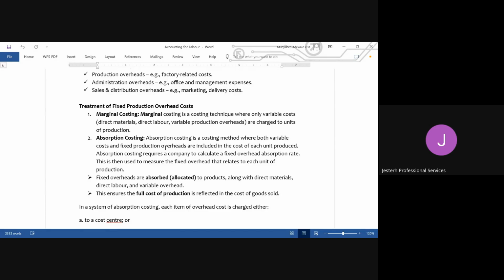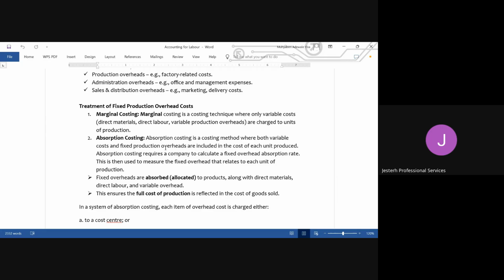For example, now you purchase your material for 5 naira and then you pay for labor 2 naira. Now, the cost of electricity to carry out those productions are what we know as indirect cost or indirect expenses or indirect overhead.